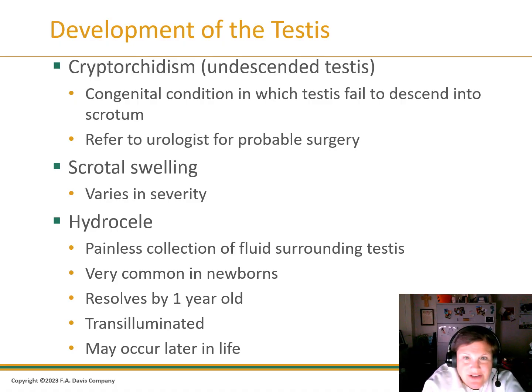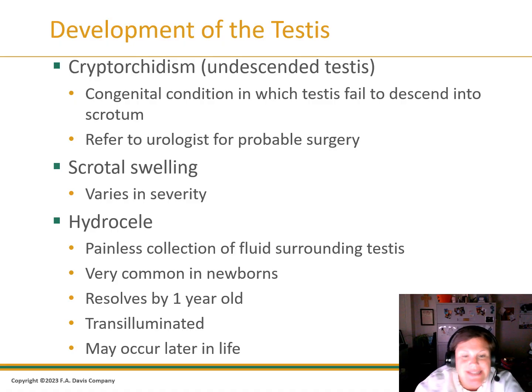A hydrocele is what we basically refer to as a fluid collection. It surrounds the testes and it's painless for the patient. A way to diagnose or confirm it is transillumination, where you basically put a light, like a flashlight, up against the scrotum, and if that light easily passes through the area, then it's what we would consider a hydrocele.